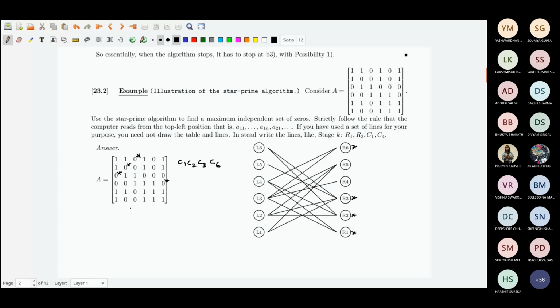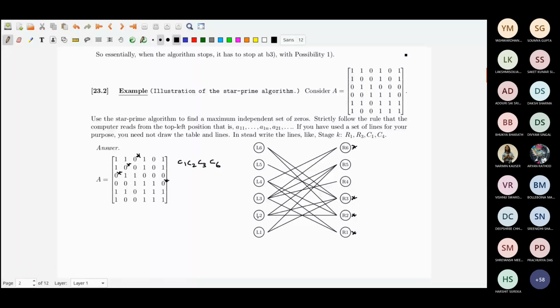So essentially the first row is standing for the vertex L1 and its neighbors. Okay. The second row has 3 zeros. It goes to 2, 3, and 5. So it is standing for the second vertex, that is L2, and its neighbors.